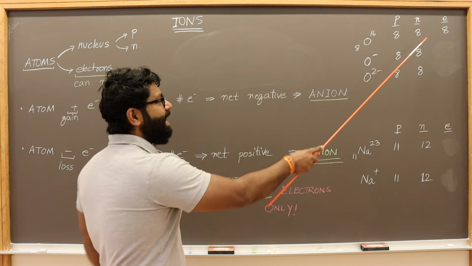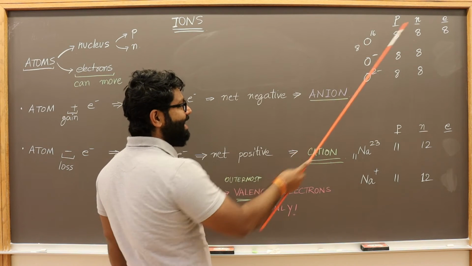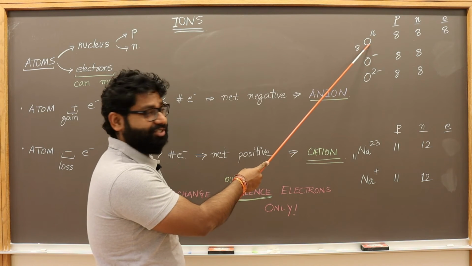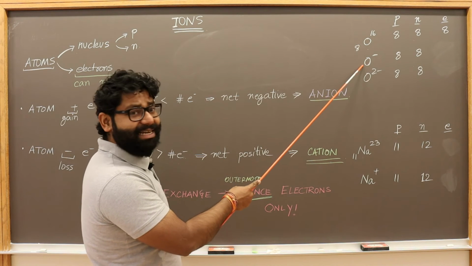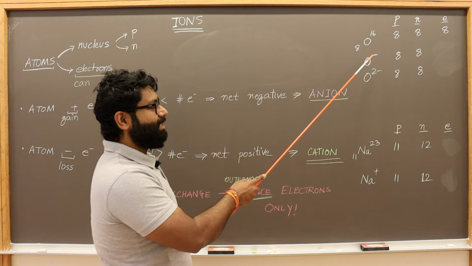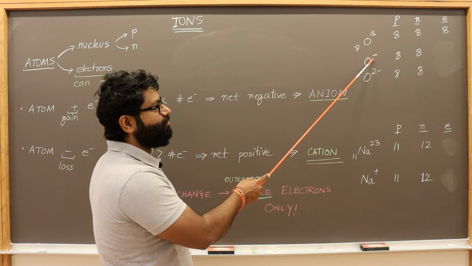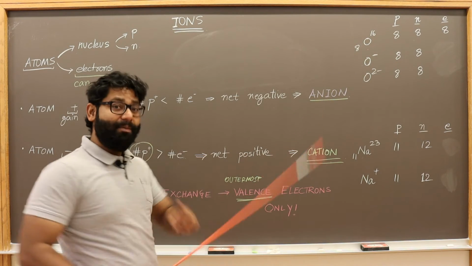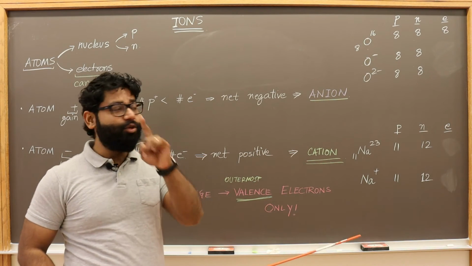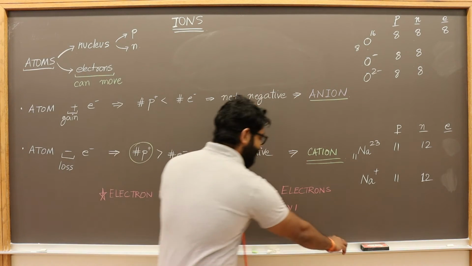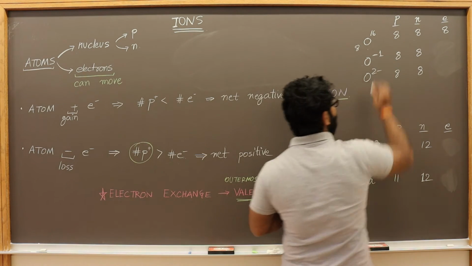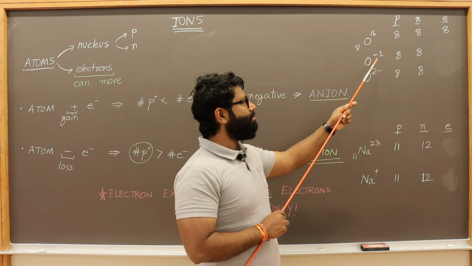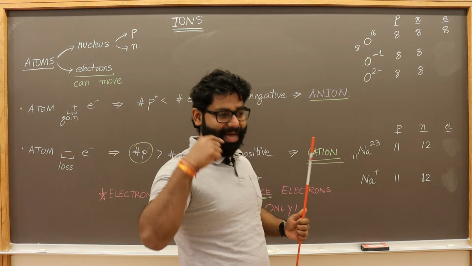So, we had 8 electrons in the oxygen atom O-8-16, but there was no charge in here. We have a net negative charge in O minus. That means the number of electrons in O minus is now greater than the number of protons. By how much? By 1 unit. So minus in here actually means minus 1. Okay? So O minus 1 means there is 1 more electron.